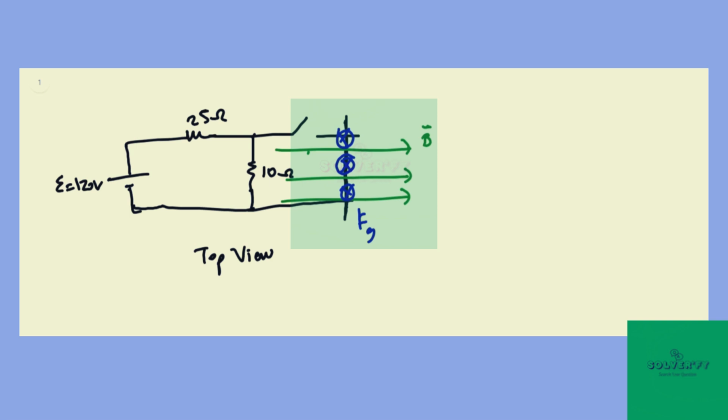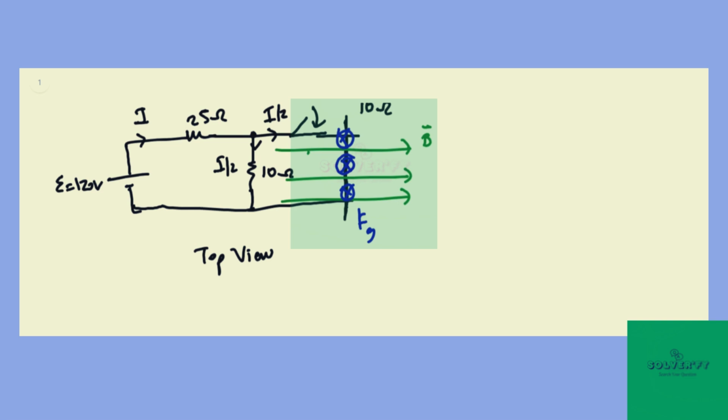Now let's look at what other forces are acting on this bar when we close the switch. When we close the switch, the battery is going to generate a current flowing through the circuit, and it's going to come to a junction. Since the resistance of the bar is also given as 10 ohms, the current is going to split in half.